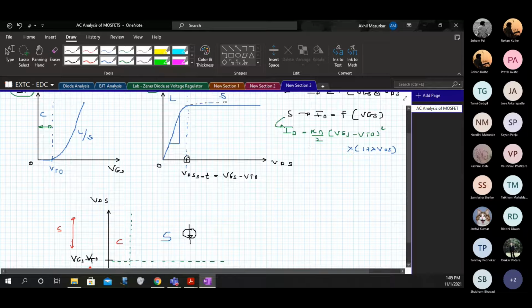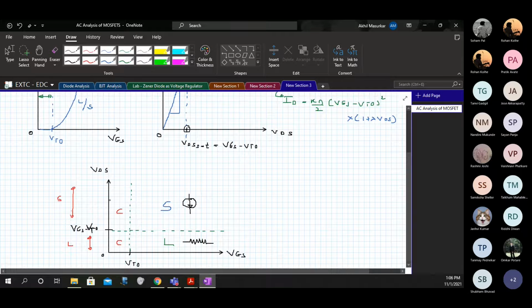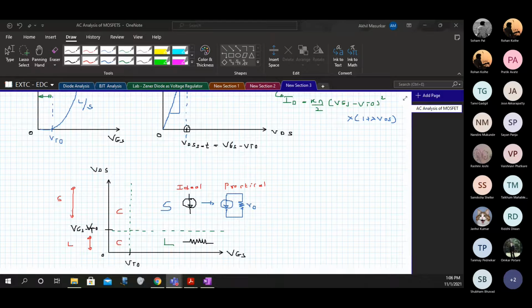Then we will have some slope in the characteristics, and because of this, this ideal current source will become like a practical current source, and this is called R0. So this is ideal and this is practical.